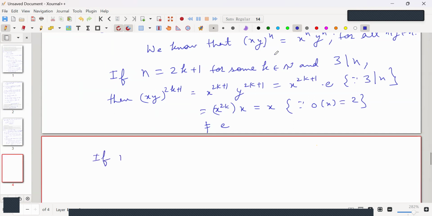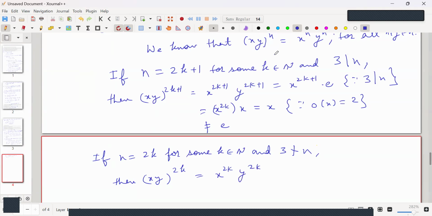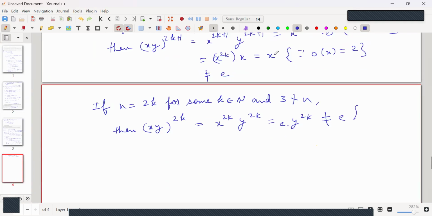Now, if n equals 2k for some k belonging to N, and 3 is not dividing n, then again the same thing we can do. xy raised to 2k is x^2k y^2k. x has order 2, so this will vanish, and we will just have y^2k, which is not equal to identity, since the order of y does not divide n.